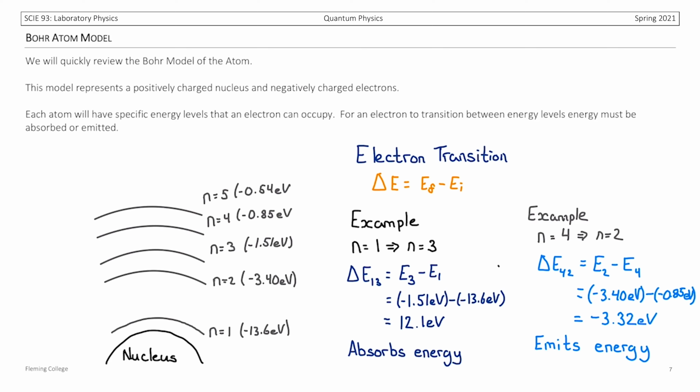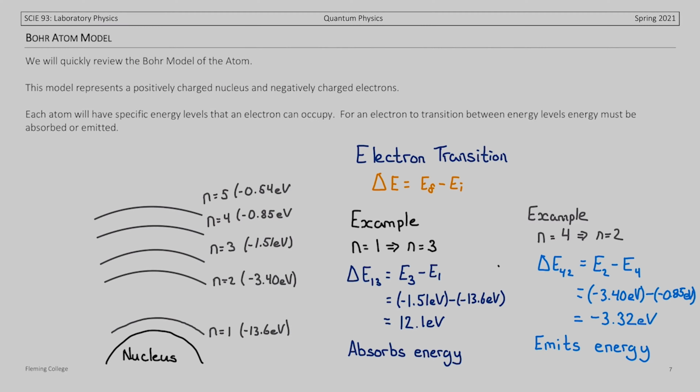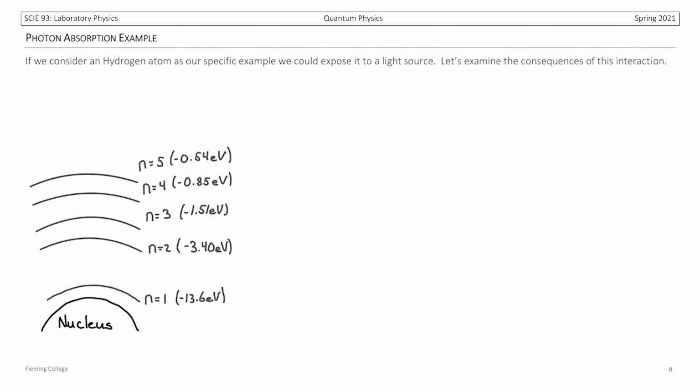Now let's look a little more closely at what it means to absorb or emit energy. Let's look specifically at what increasing an energy level would involve. This involves photon absorption. Let's take our hydrogen atom and shine 4 different wavelengths of light on it.